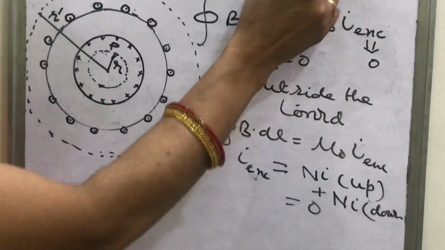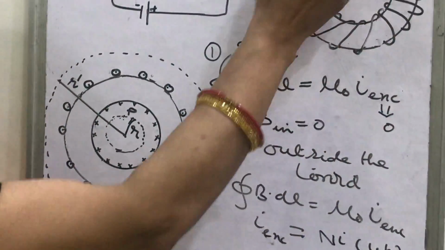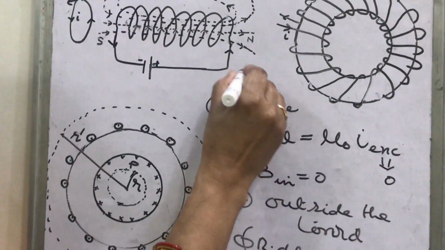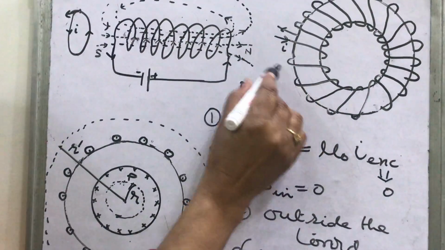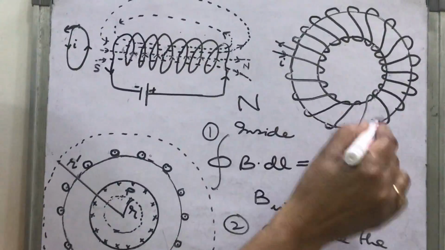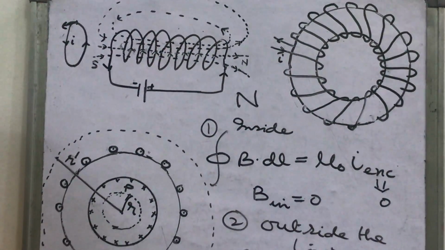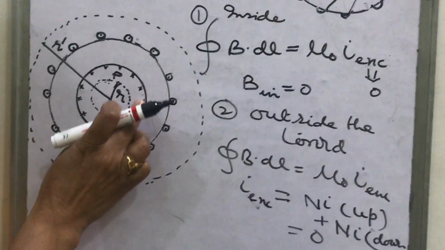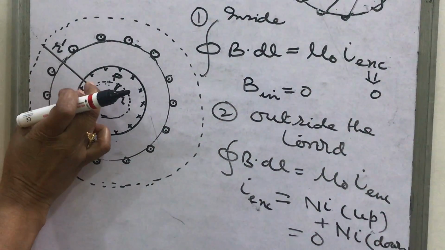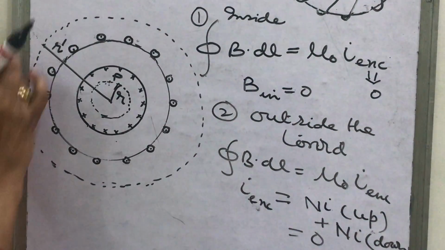Let the toroid have N turns, and the current flowing in each turn is I. Then the total current is Ni. I have written here Ni upward, and here Ni downward. Both these upward and downward currents are inside the outer loop.